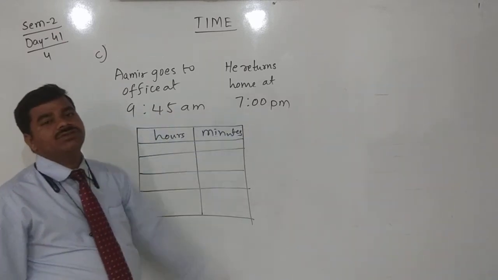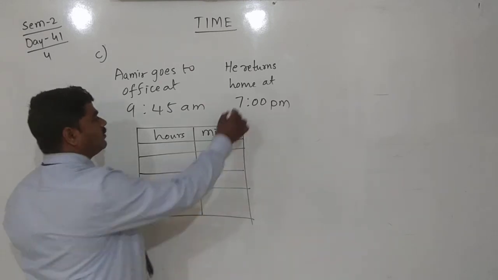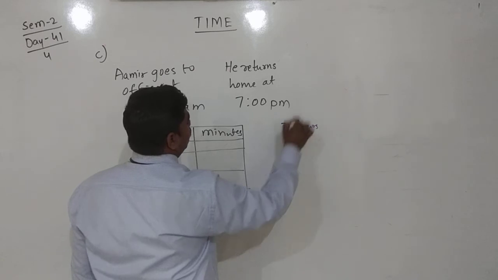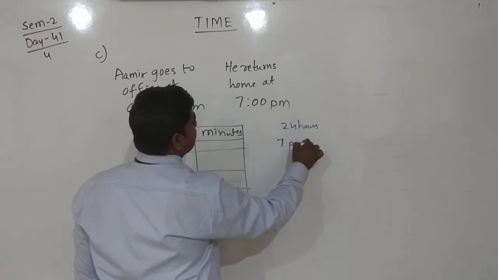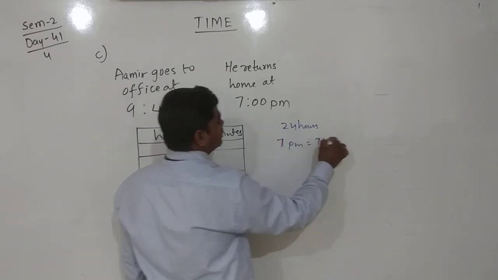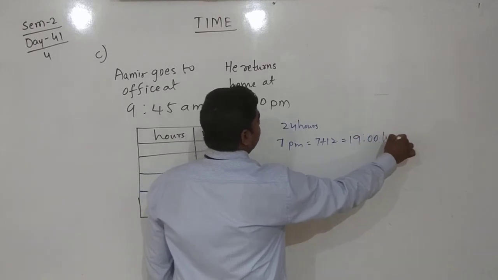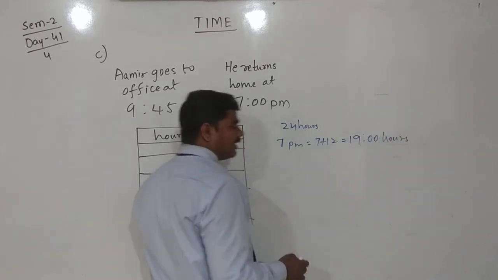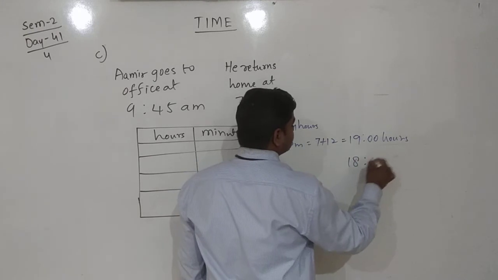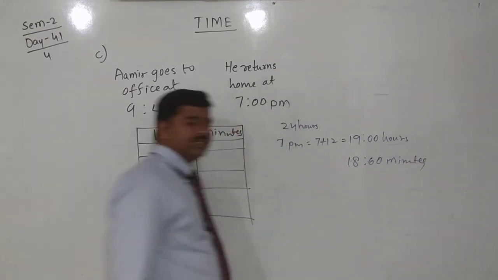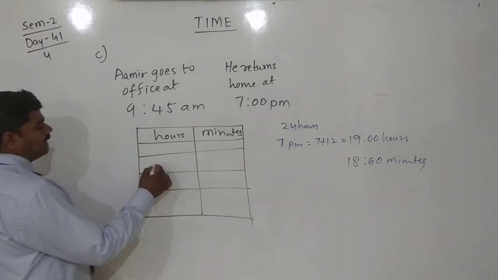Convert this into a 24 hours clock. 7 p.m. is nothing but 7 plus 12, that is 1900 hours. This 1900 hours we can write as 18 hours 60 minutes. That only we will write here.